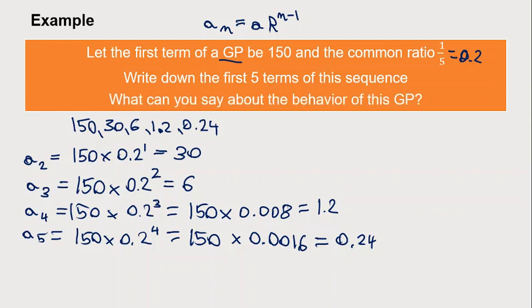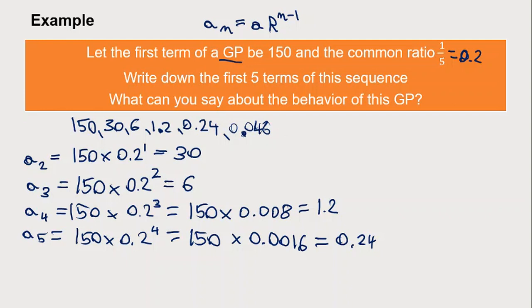Now the next question is, what can we say about the behavior of this geometric progression? What happens in the long term if we keep increasing the number of terms in the sequence? We started with something rather large, and then we kept decreasing the number. As you can notice, the numbers in the sequence got smaller and smaller. By the way, the next one, if you're interested, would be 0.048.